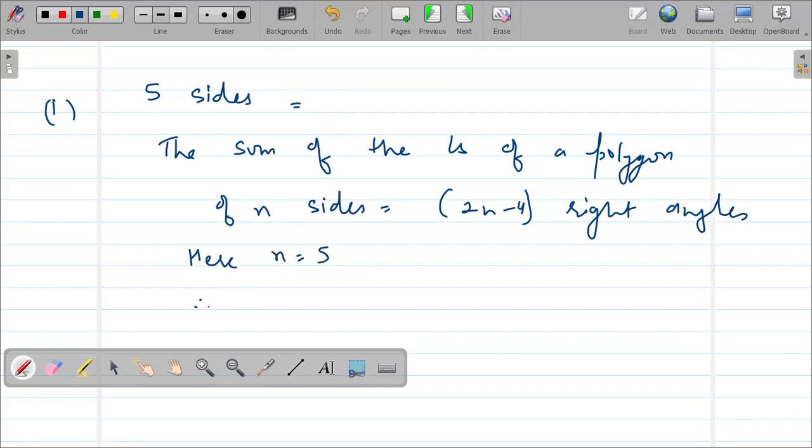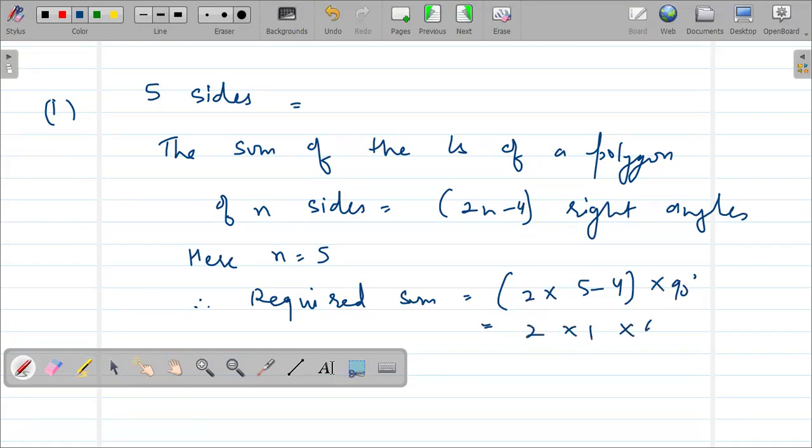So therefore the required sum would be 2 into 5 minus 4, that is 10 minus 4, into 90, that is 6 into 90, that is 540 degrees. So the sum of the angles of a polygon which has 5 sides would be 540 degrees.